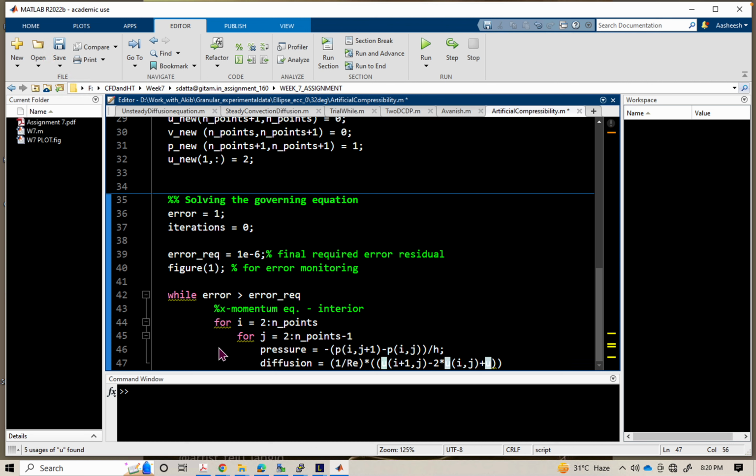by yourself. This is the center difference.